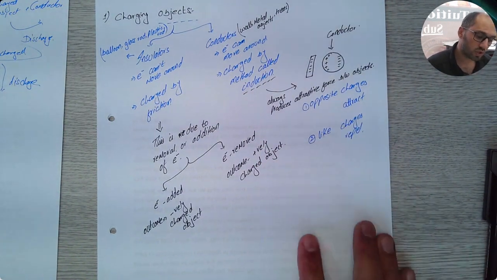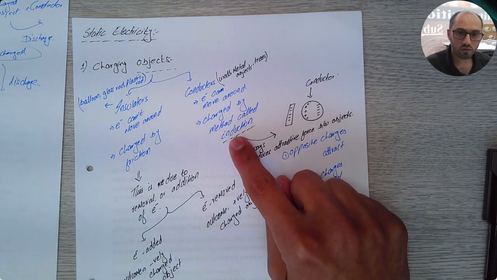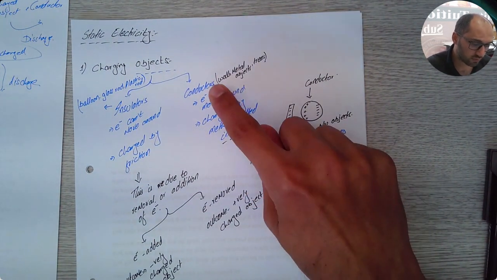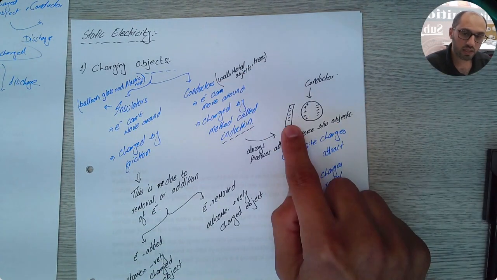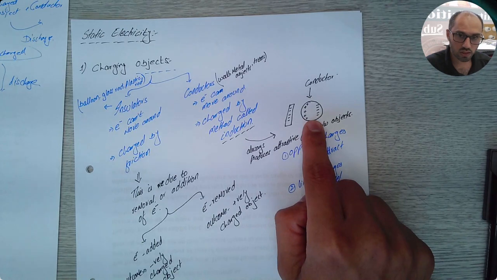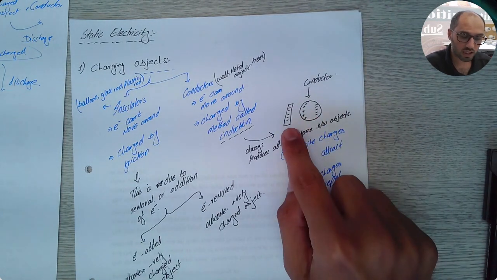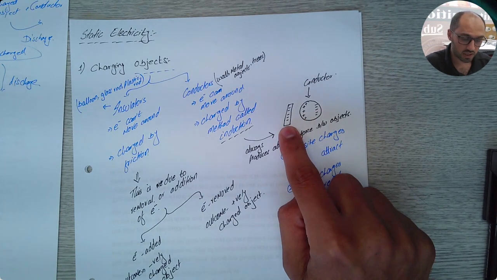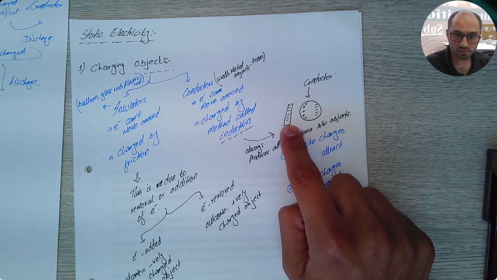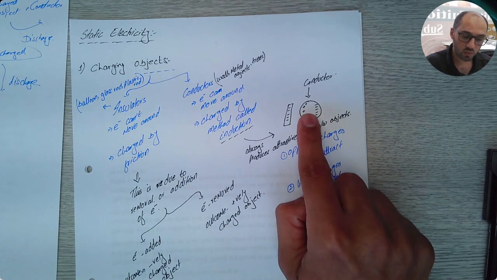When it comes to the conductors, we have to look what induction is. Whenever we have to perform induction, we will have to consider conductors. So you'll have to bring a charged rod close to a conductor. When you bring it close to a conductor, it will repel or attract electrons depending on the type of charge that this object has. In my case, it has a negative charge. What it will do is it will repel all electrons in this conductor towards the right side.